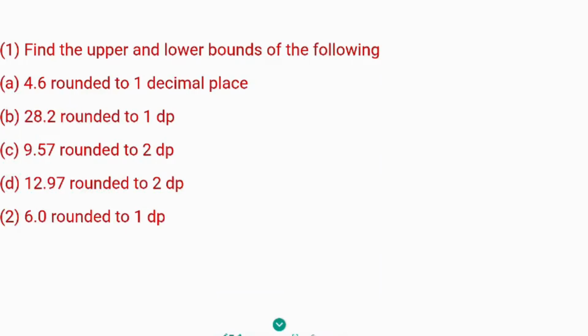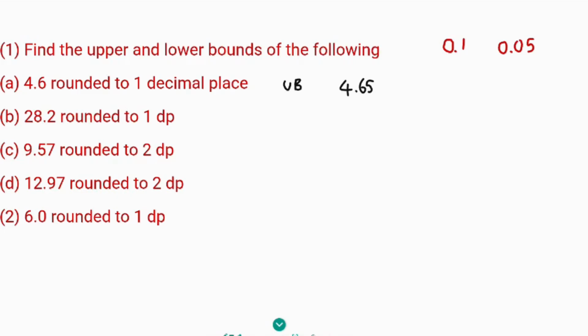Find the upper and lower bounds of the following. So 4.6 rounded to the nearest 1 decimal place. Now, the nearest 1 decimal place means 0.1. Half of 0.1 is 0.05. So the upper bound is 4.65.